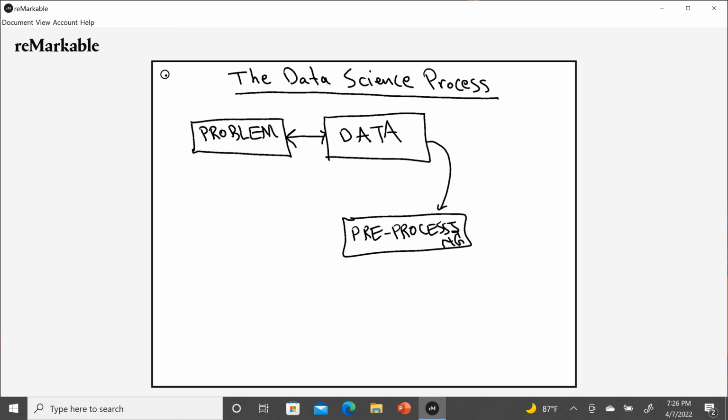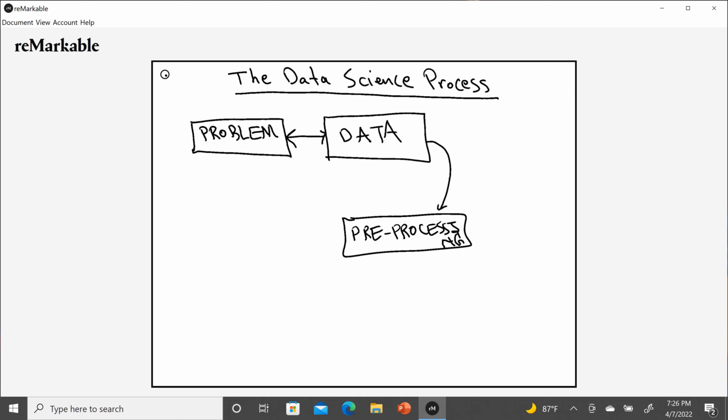The data might not be quite clean. You might need to do some cleaning on that data. There might be missing values or incorrect values, so you might change the format of the data. There is some work that you have to do before it becomes data that's usable by machine learning algorithms, before you can feed it into them. So you have to do some work in the pre-processing area.